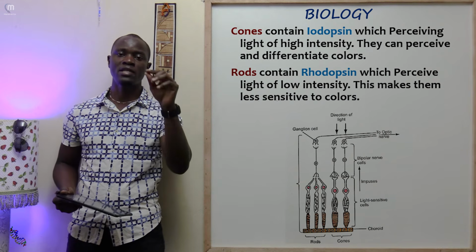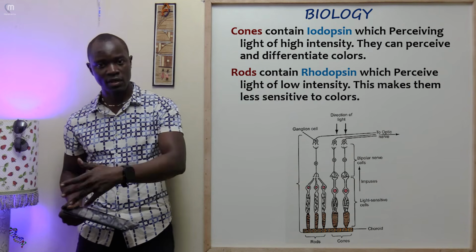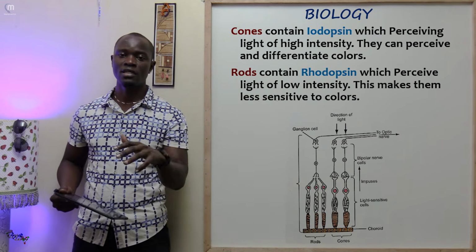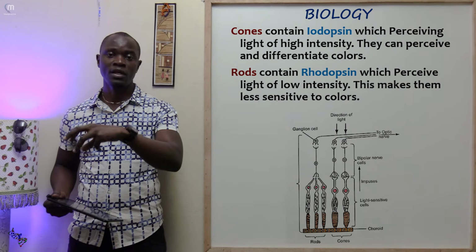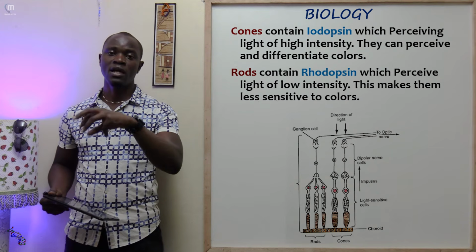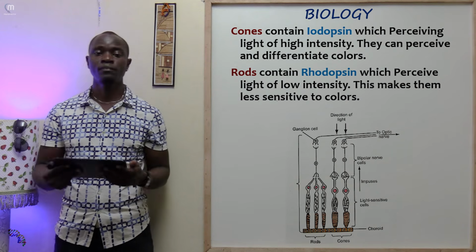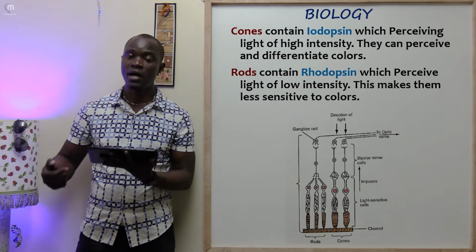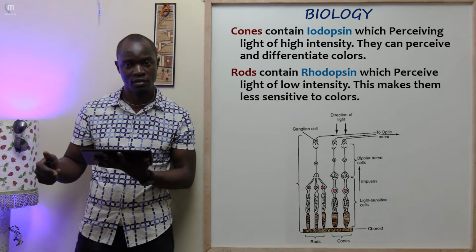Or in a dimly lit room, it is difficult for you to differentiate colors. Why? Because if there is minimal light, the cones which are used to perceive colors are not functioning. Therefore, the cells that are functioning in this case are the rods. So the rods are used to perceive light of low intensity, and also the rods cannot differentiate colors.